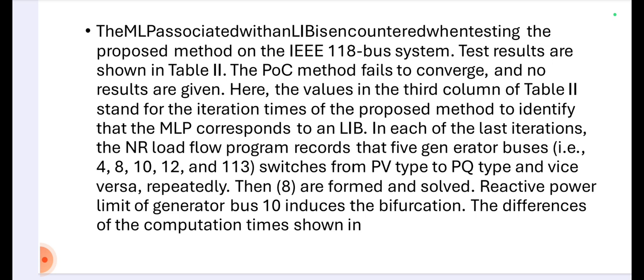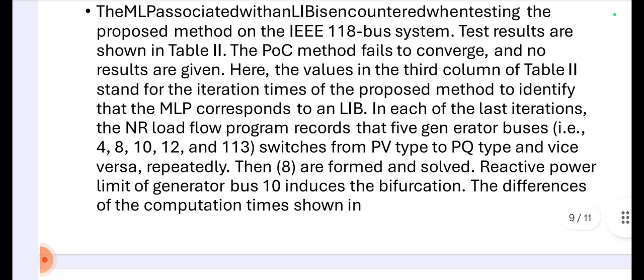In each of the last iterations, the NR load flow program records that 5 generator buses switch from PV type to PQ type and vice versa repeatedly. Then 8 cases are formed and solved. The reactive power limit of generator bus 10 removes the bifurcation.